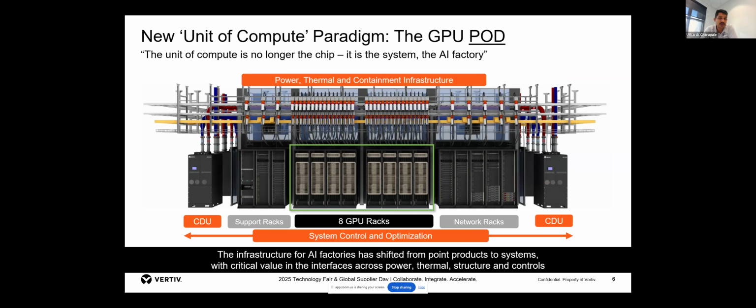Like your laptop or any desktop computer, it has a CPU, a cooling system, its own power system, its own chips, everything. We are looking at somewhere around 8 megawatts of compute in front of you, which is 8 GPU racks, and we can sell it as a combined product.